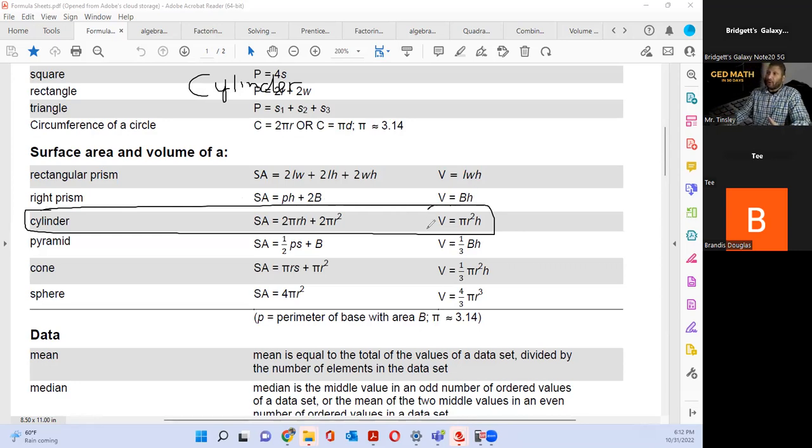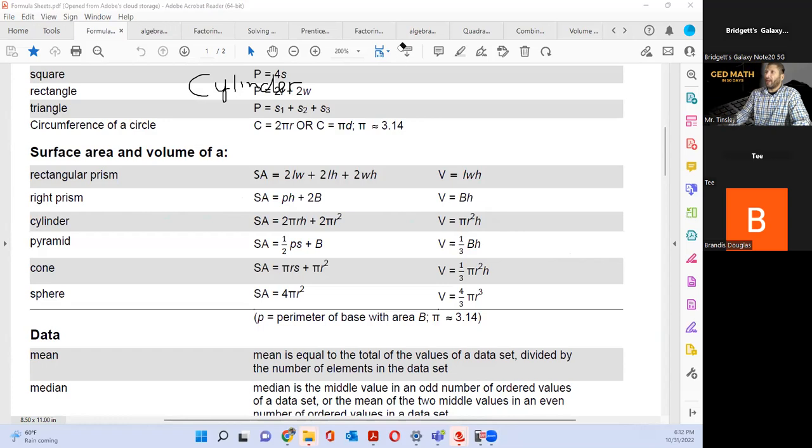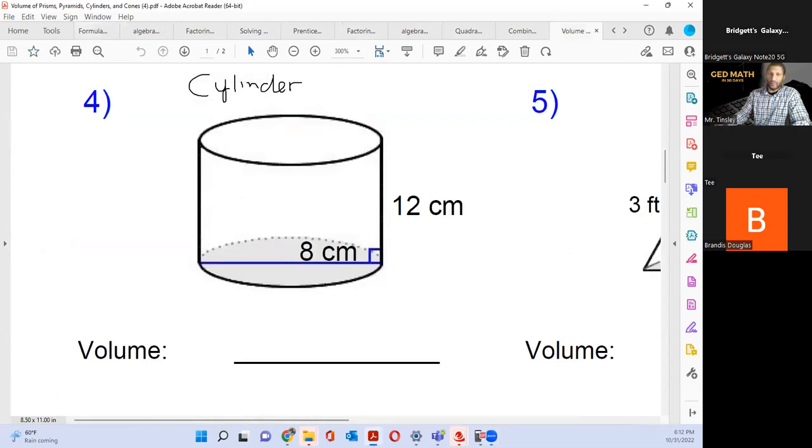So the volume of a cylinder is pi r squared h. All right, so let's go back to our worksheet. Okay, so volume is equal to pi r squared h.